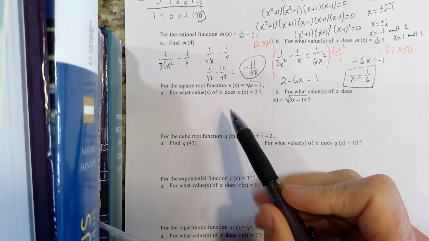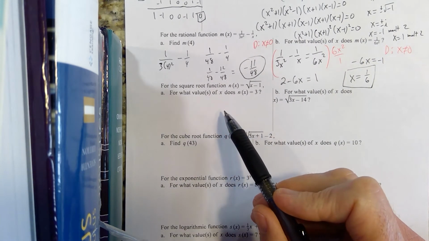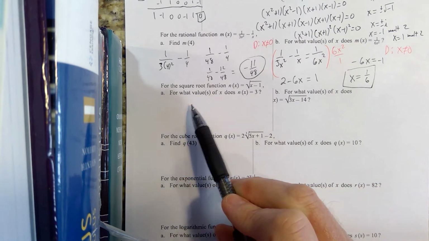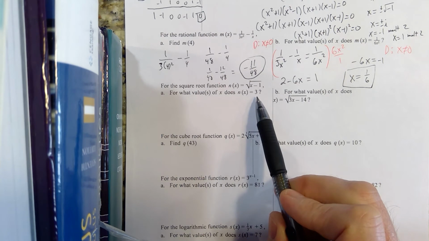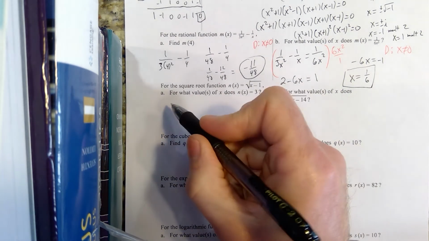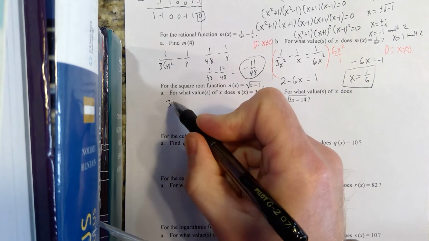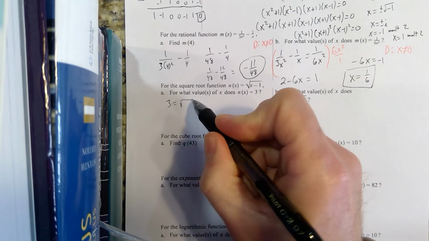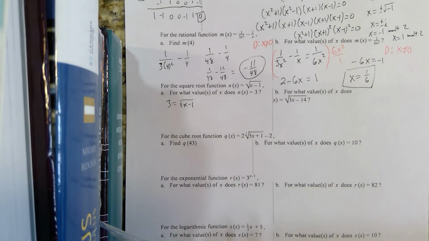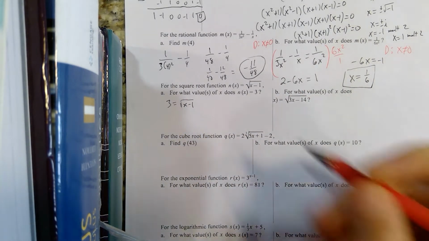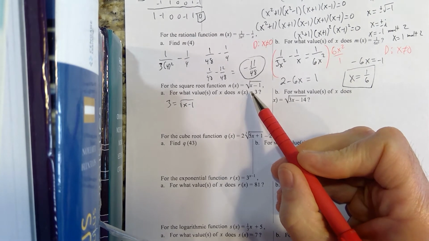Okay, moving on. Our next problem type, we've got a square root function. And in this case, we want to know, when will the function be equal to 3? So that's an output or a y coordinate. So simply say 3 equals the square root of x minus 1. Again, square root functions have a restriction on their domain, right?